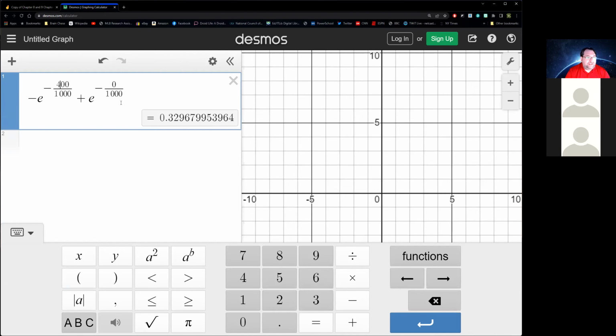Another nice reason to have it on the calculator, quick and easy to change. So this one comes out to be, so the first one is 0.330 when you're rounding to 3 decimal places.